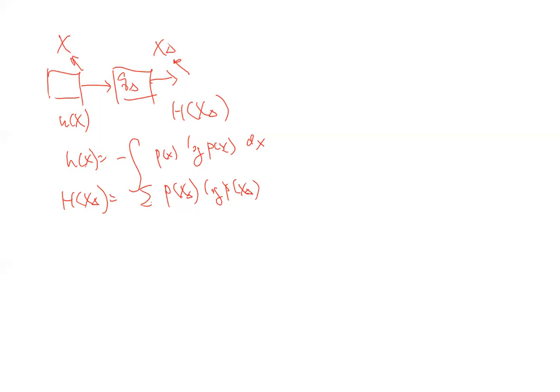This one I have a sum instead, a sum over all the values of x delta. Now, how do I relate this x delta and x here?